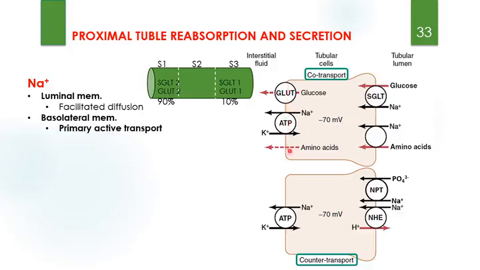In the basolateral membrane, the main reabsorption mechanism for sodium is the activity of the sodium-potassium pump, which actively pumps sodium out of the cell. Also, there's a symporter known as the sodium bicarbonate cotransporter that carries one sodium with 3 bicarbonate molecules. It is a pathway that reabsorbs bicarbonate.